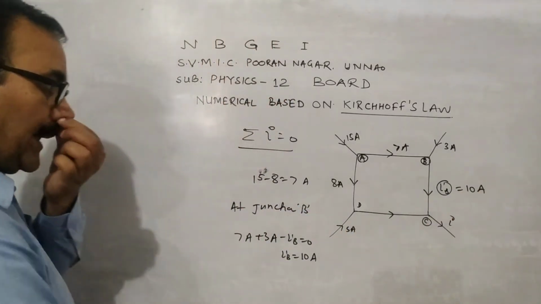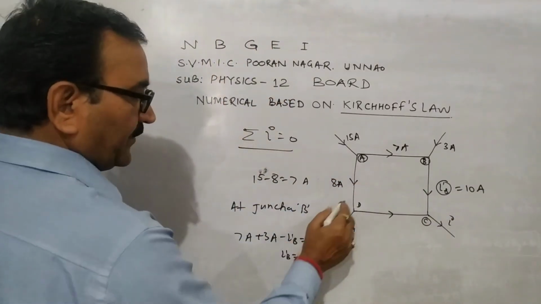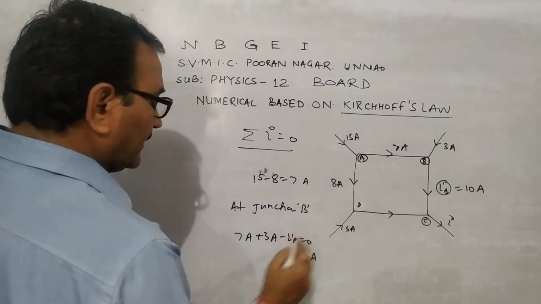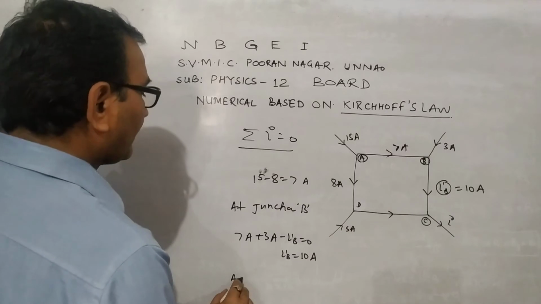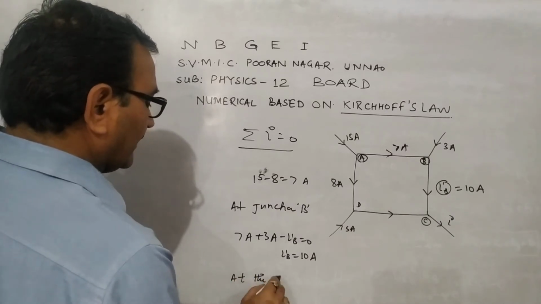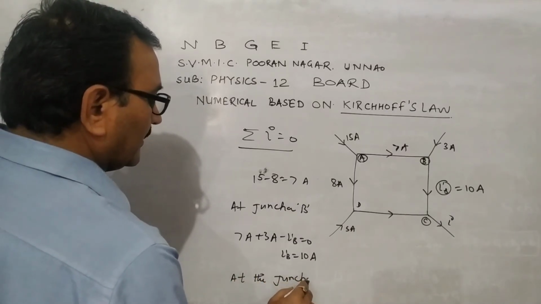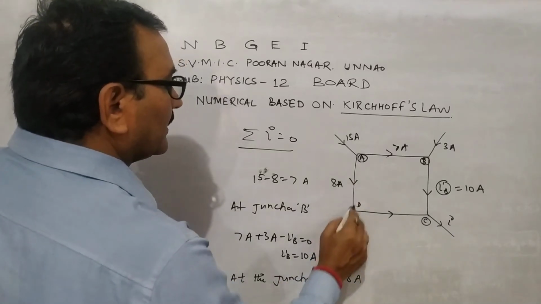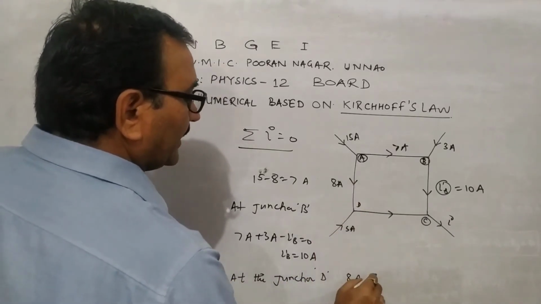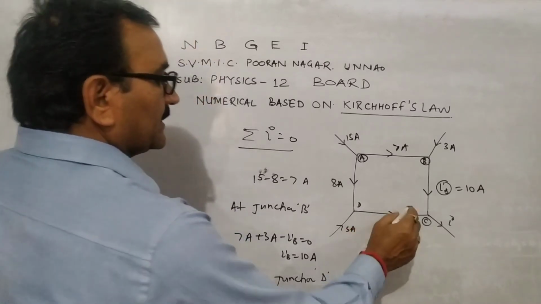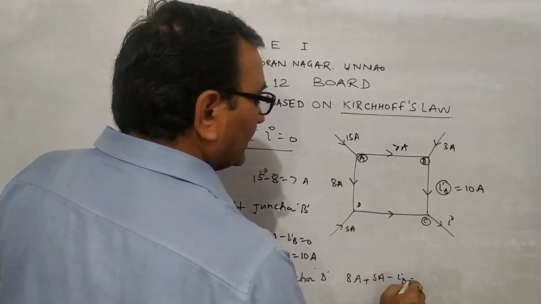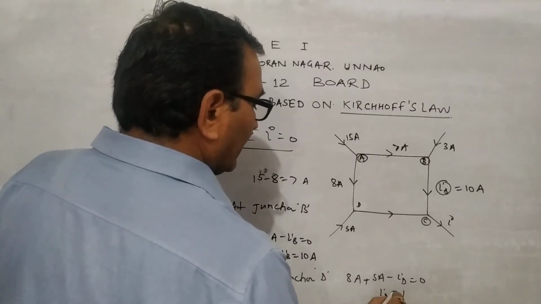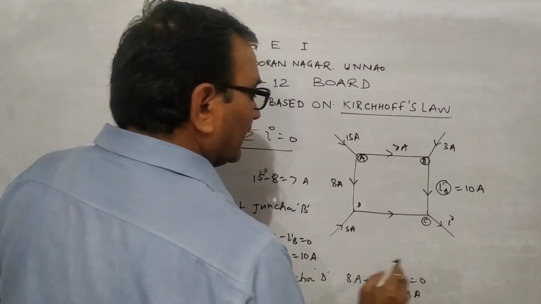Clear? Now at the junction D, that is 8 ampere incoming, this is 5 ampere incoming, and this is ID outgoing, that is 0. So here ID is equal to 8 plus 5, 13 ampere.